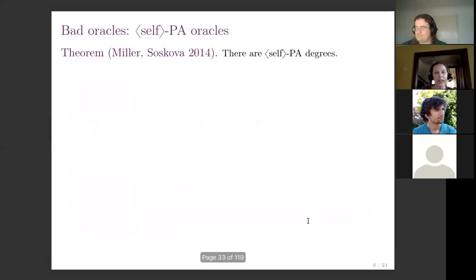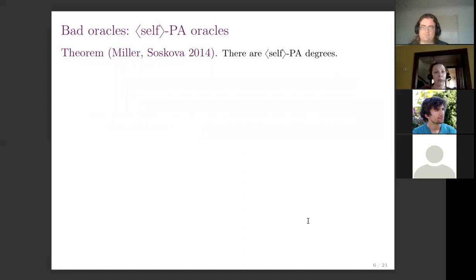Well, it turns out that there are bad oracles. Many years ago, with Joe Miller, we showed that there are actually self-PA degrees. So when we're looking at enumeration oracles, we can have fixed points of the relation PA.